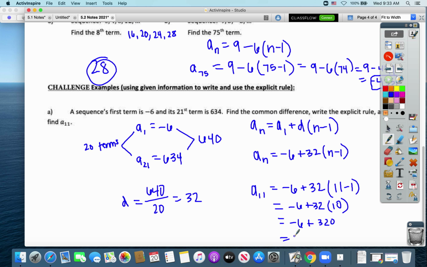And finally, we just get our answer of 314. So a sub 11, the 11th term, is 314.